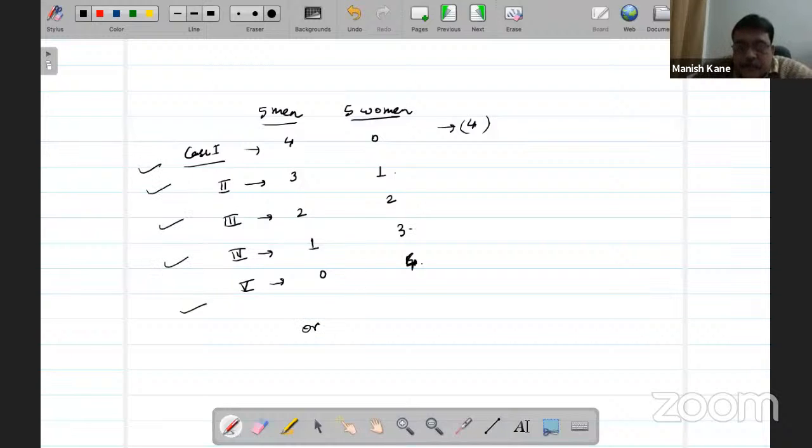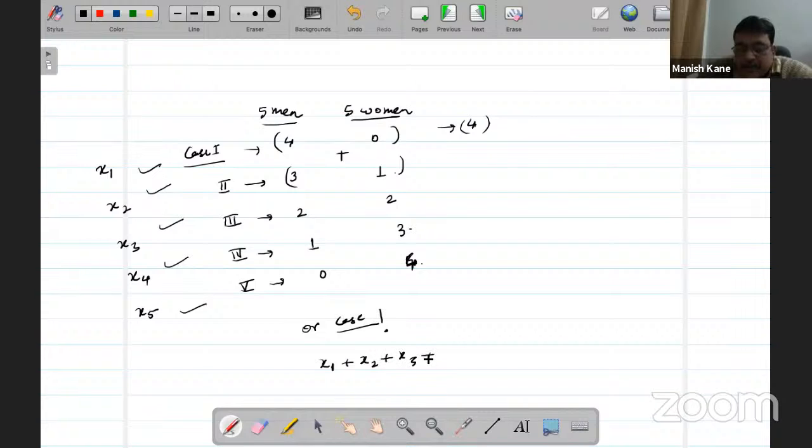Each case is called an OR case. OR case means the answer for each case has to be added. So if the answer for case 1 is x1, answer for case 2 is x2, answer for case 3 is x3, x4 and x5, your overall answer will be x1 plus x2 plus x3 plus x4 plus x5. Remember, whenever in mathematics you have OR, you replace OR by an addition sign.